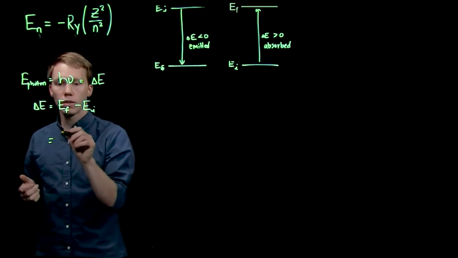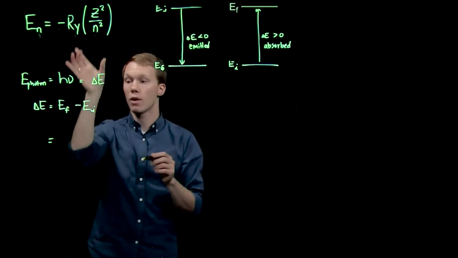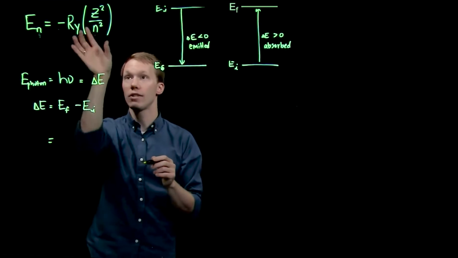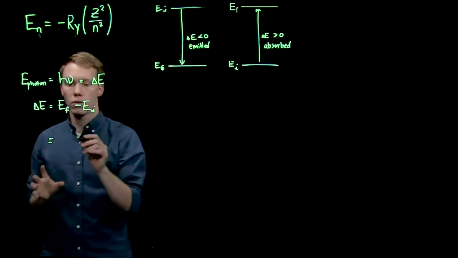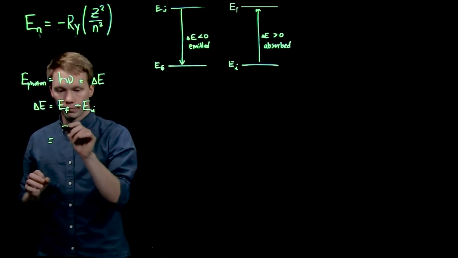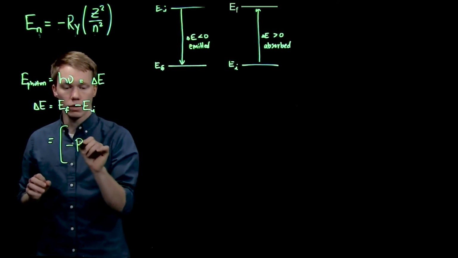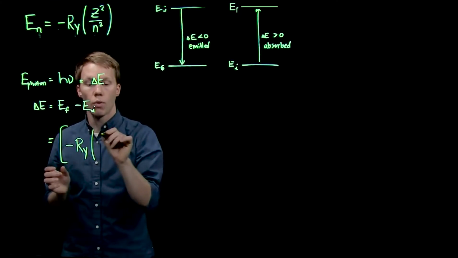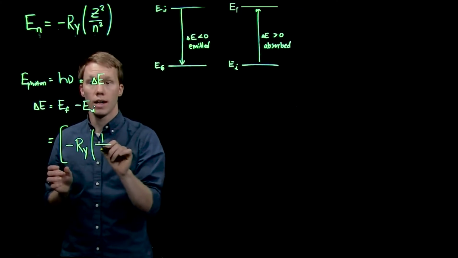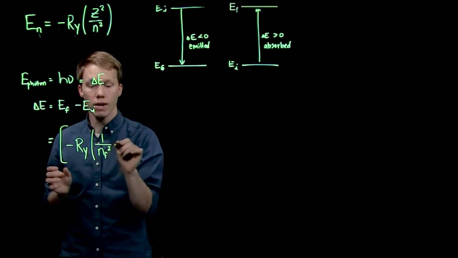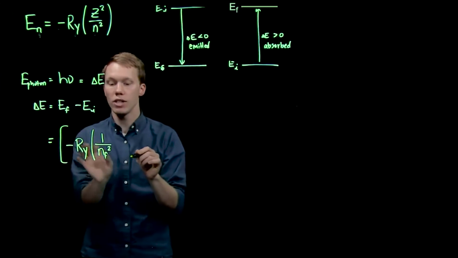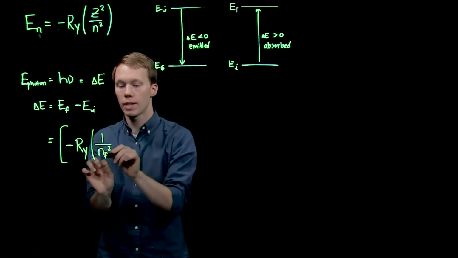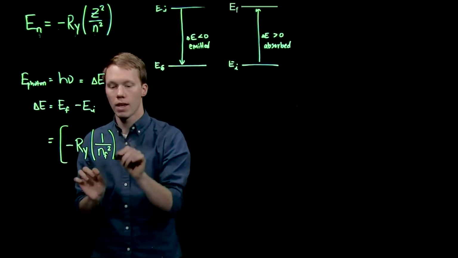So I'm going to bring this equation down for E final and E initial, and I'm going to use some brackets here to break this down. Negative Ry times 1 over nf squared. So we're talking about the final energy, the final resting place for my electron.